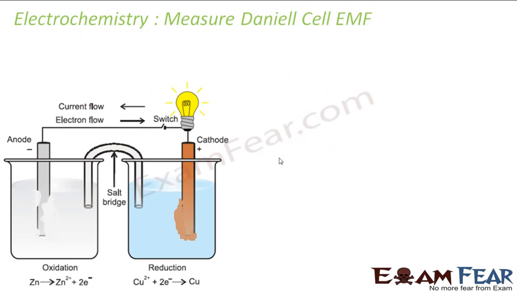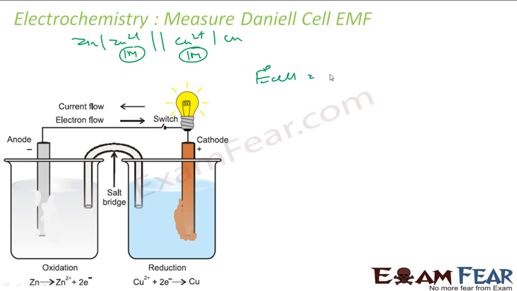Correct? Now let's find, as I told, we found the EMF of the Daniell cell, right? Daniell cell is nothing but my anode is from zinc to Zn2+, and my cathode is Cu2+ to copper. I am assuming both are 1 mole because the molarity of the electrolytes matters. For this, E cell will be what? E naught cell, I'll say standard value. E naught right minus E naught left, right?